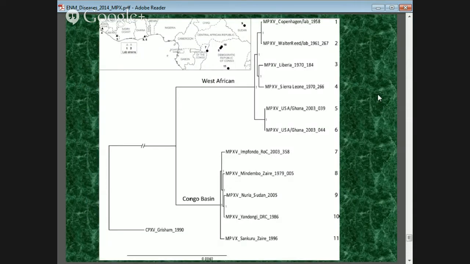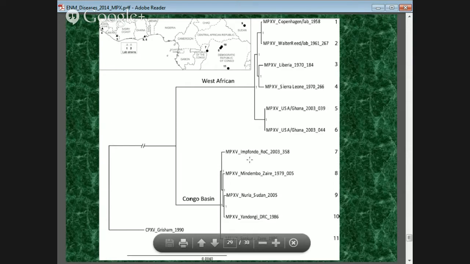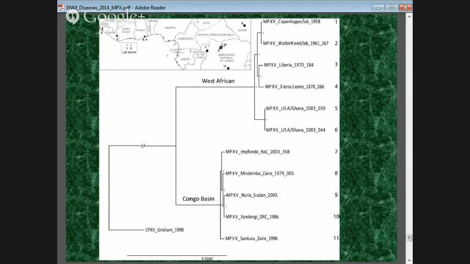So we did that analysis, and we can see that West Africa is closer together, of course, and the Congo Basin clusters on this side. Sudan ends up being right here, very close to Yandomi, which is up here in the map, marked as number 10, and the next one is Mindembo, marked with number 8, which is really close to number 10.